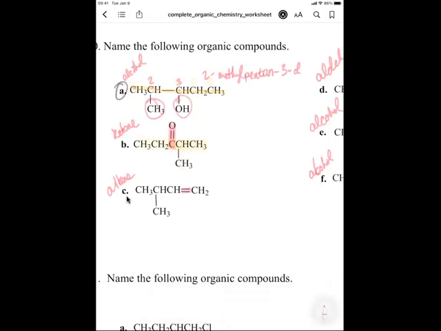And this is a 1, 2, 3, 4, 5. This is pentan-3-one, because it's either 1, 2, 3 or 1, 2, 3, doesn't matter. But we're going to count from right to left because that will give our methyl group a lower number. So 2-methyl pentan-3-one.